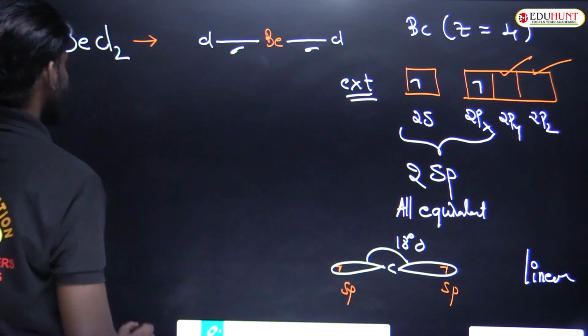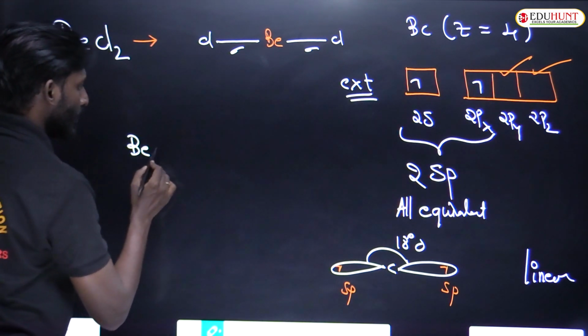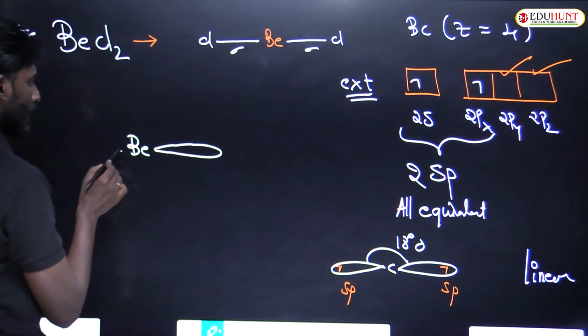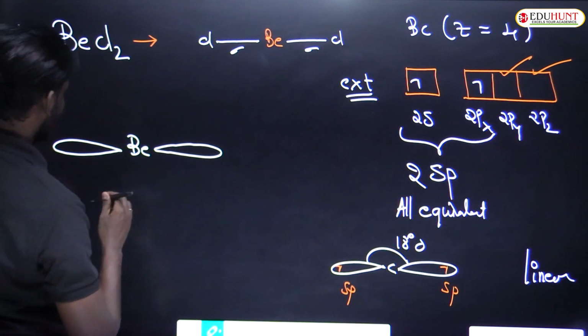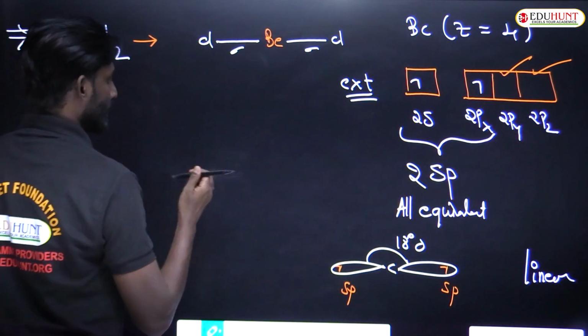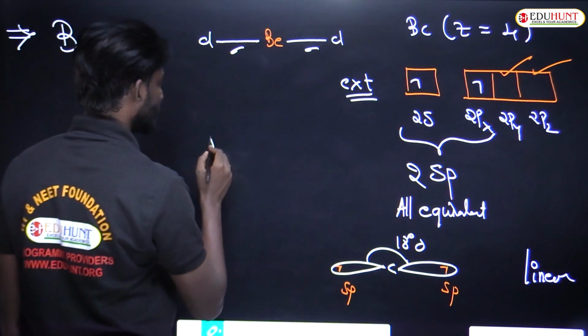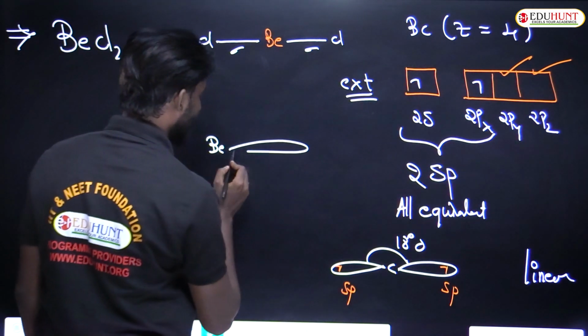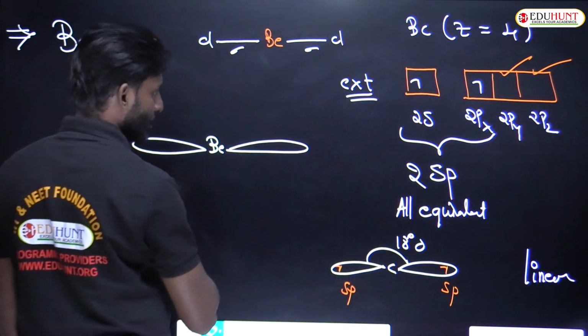Fine. Yes. Now taking that beryllium here, one sp hybrid orbital, another sp hybrid orbital, each sp hybrid orbital with an unpaired electron. Yes, I'll draw in the middle. Beryllium, one sp hybrid orbital, another sp hybrid orbital.